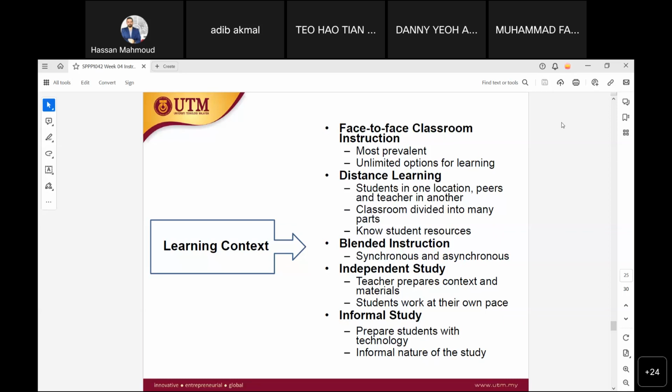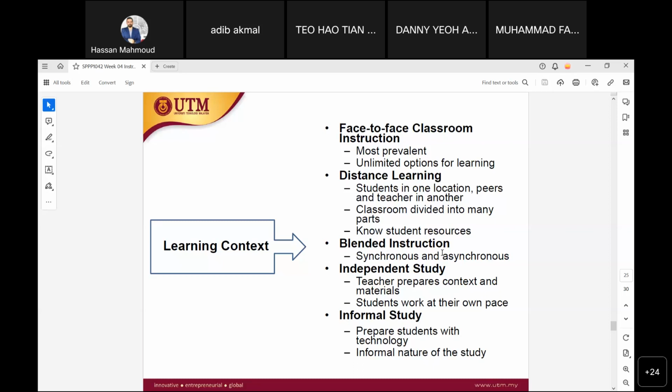Now, when we talk about learning contexts, it is more about the nature of the classroom. Is it a face-to-face classroom, distance learning, blended instruction, independent study, informal study? When we talk about this, we are talking about learning context, not learning strategies.